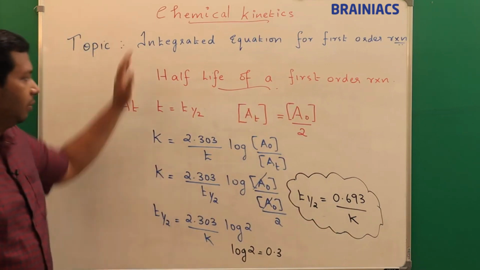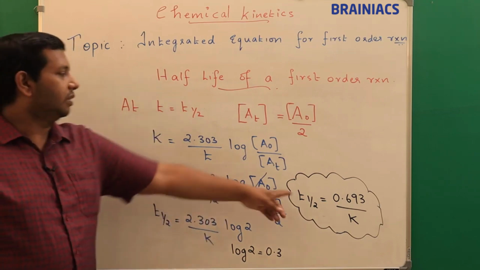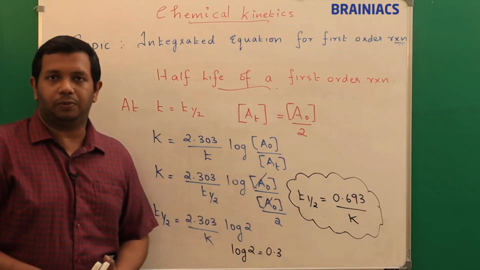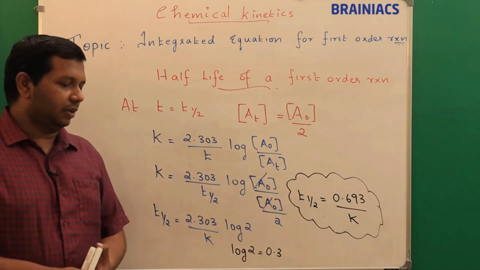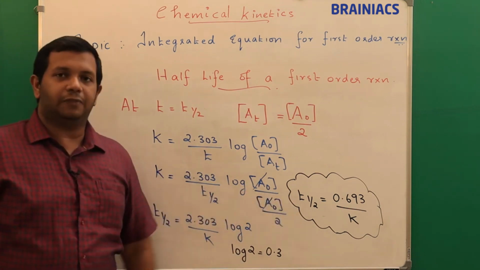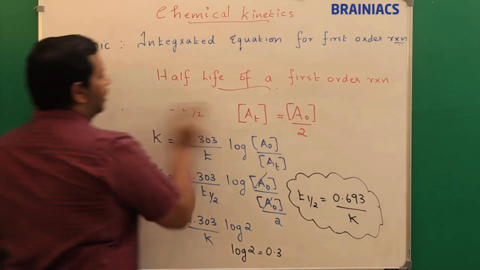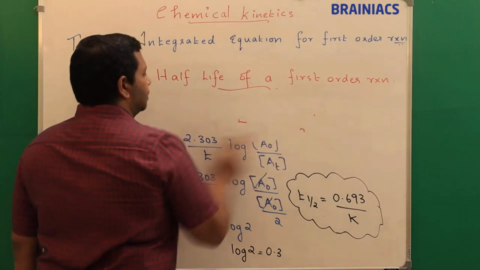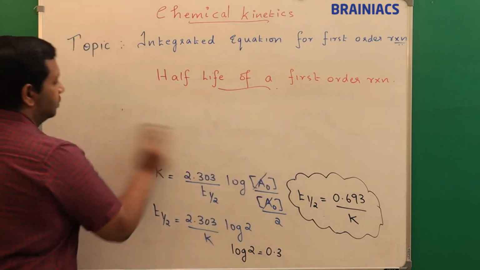Understood? So this is very important, these derivations and all. You need to learn it in school. Also you need to remember these equations from an entrance point of view. I hope this is clear. Now we will also try to see a graph actually, t half versus A of t. Okay, so let me show how the graph may look like.